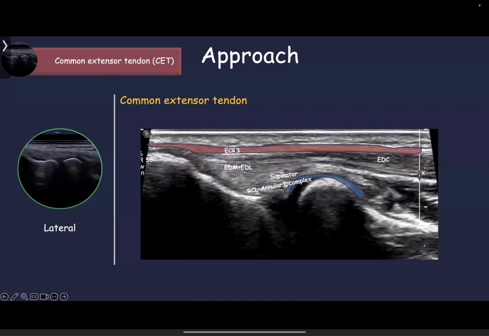So yes, this is the extensor carpi radialis brevis, the extensor digitorum communis, extensor digiti minimi, and the extensor digitorum longus. Here is the supinator and the radial collateral ligament annular ligament complex.